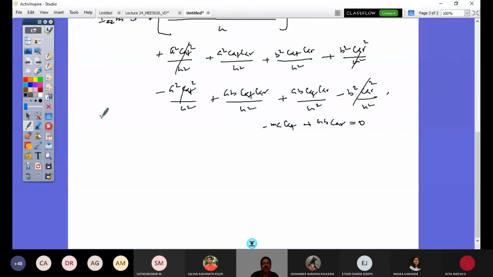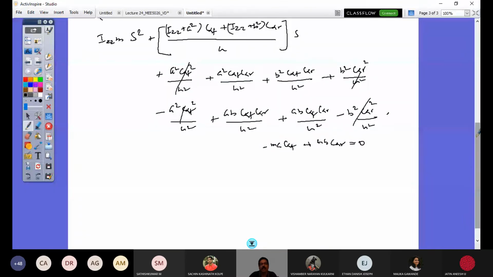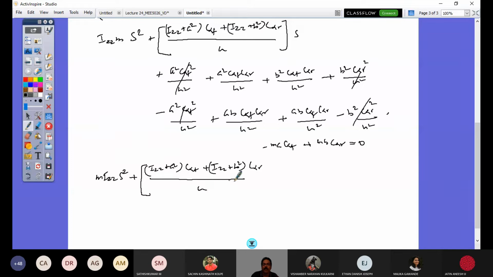Let's look at this equation. It can be further reduced to m IZZ s square plus, I have this as it is, (IZZ plus a squared) into C alpha F plus (IZZ plus b squared) into C alpha R by u into s.